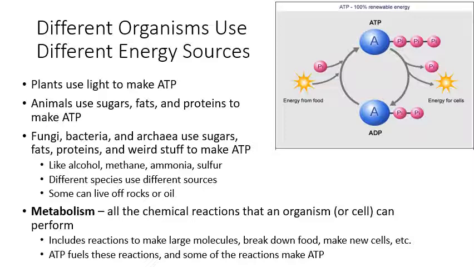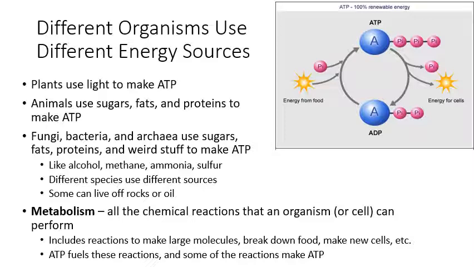So once an organism has made its ATP, making it is actually part of its metabolism, but the other part is using it to power different processes in the cell. So for instance, sometimes organisms will use ATP to help them break down food molecules or nutrients that they've taken in.